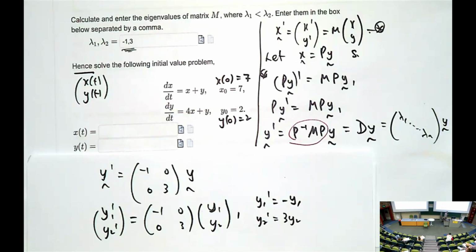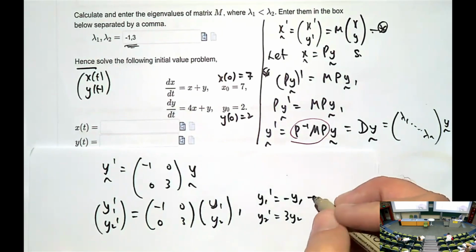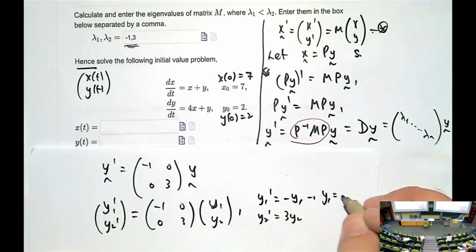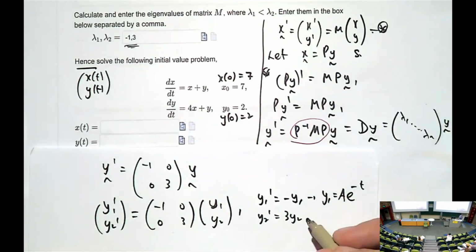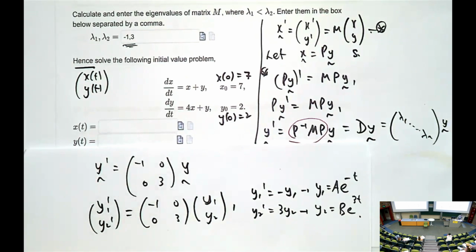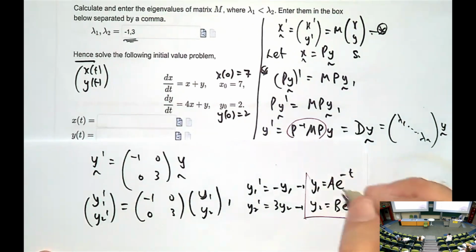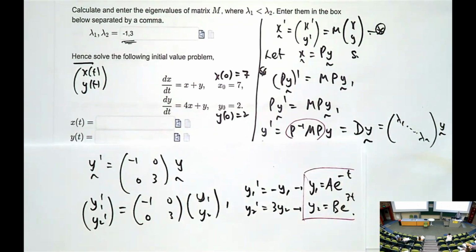And so y1 will be something like a e to the negative t, and y2, e to the 3t. So we've solved that.